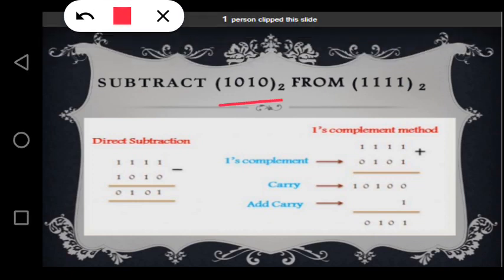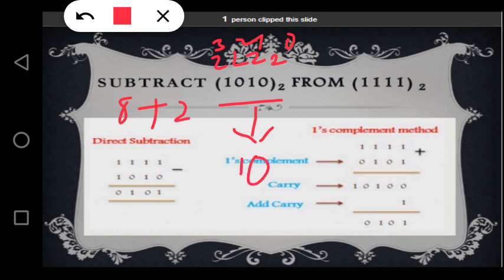Now I have to subtract 1010. Can you guess the decimal equivalent of 1010? 2 power 0 is 1, 2 power 1 is 2, 2 power 2 is 4 and 2 power 3 is 8. 8 into 1, plus 2 power 1, 2. So the number is 10. And all 1s means 8 plus 4 plus 2 plus 1, which is 15. So I have to subtract 10 from 15.